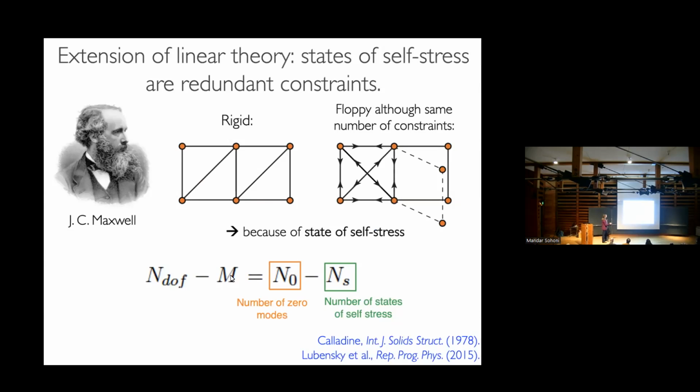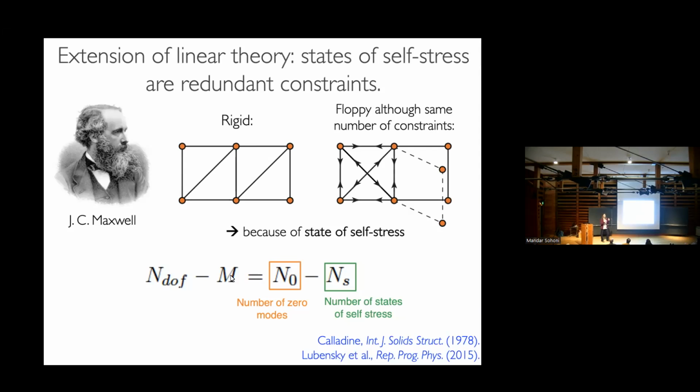The interesting thing is that every time I introduce a redundant constraint like this, I can show to linear order that I must introduce what I'll call a state of self-stress. That's basically a set of tensions on these bonds that do not change the positions of the vertices. In other words, they're in the null space of the degrees of freedom.